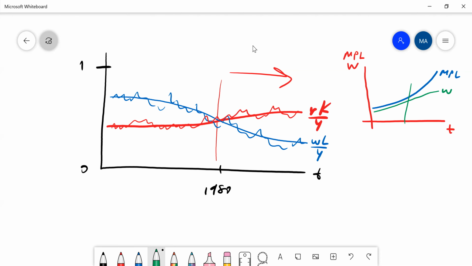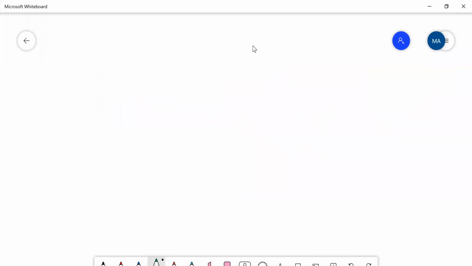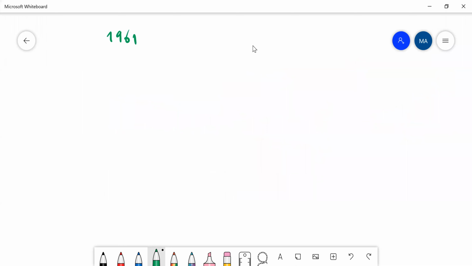So this difference is particularly larger after the 1980s. All right. Now, of course, Kaldor 1961 is pretty old, right? So we want to understand new stylized facts.